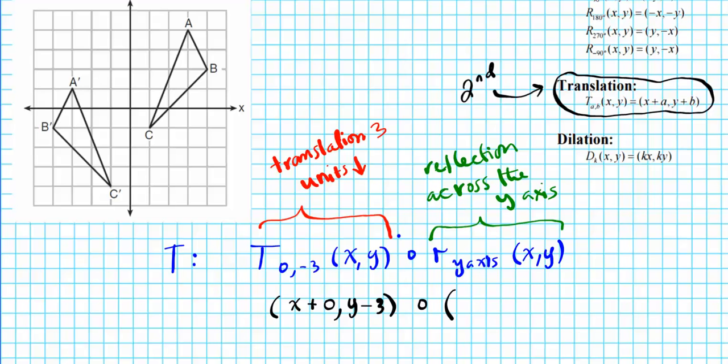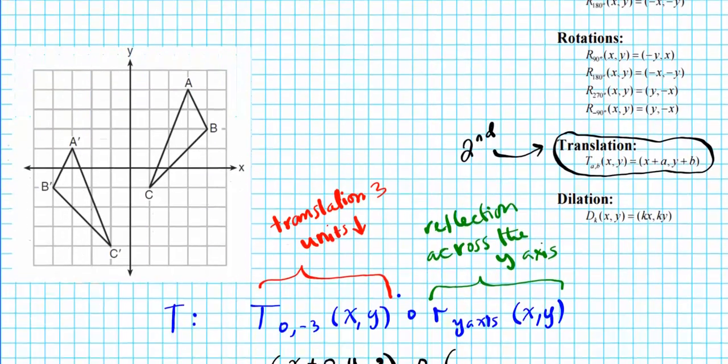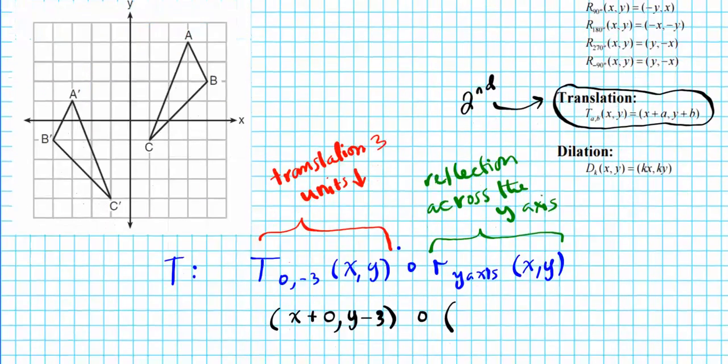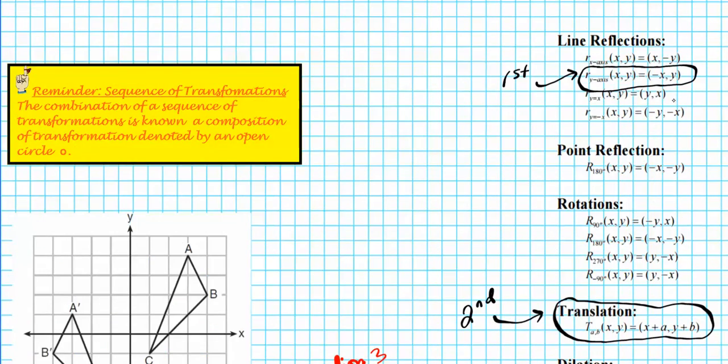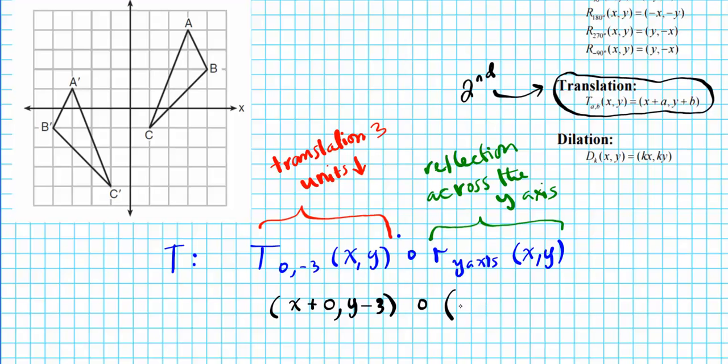If you look, we have the formulas here. For translation, whatever the coordinates are, that's what you add to the x and the y, so the a and b. And for the reflection formula, you just negate your x, okay? So this becomes negative x, comma, y.